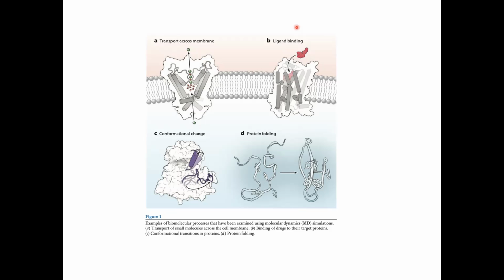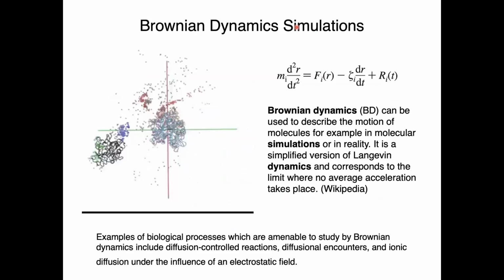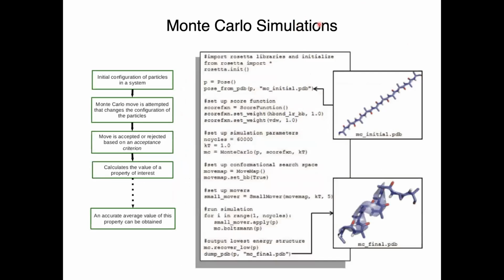And it's not only a problem for molecular dynamics, but also for other protein structure prediction tools, right? I kind of glossed over this a bit, but when I talked about Monte Carlo simulations, I showed you a snippet of code from Rosetta. Here they're using a scoring function. You see this part here? They're setting up a scoring function.